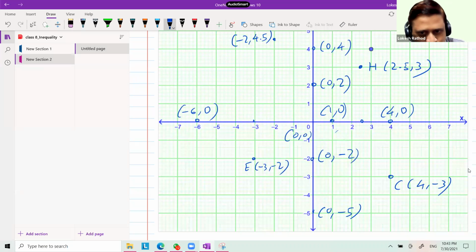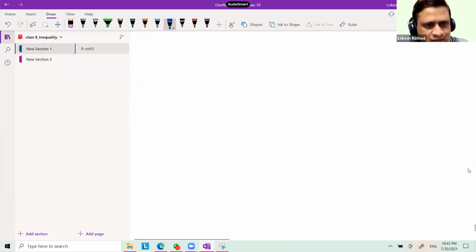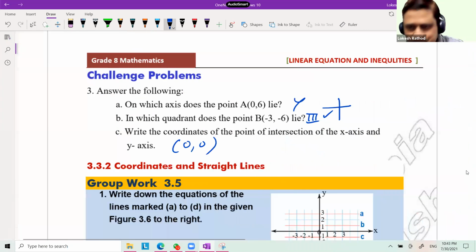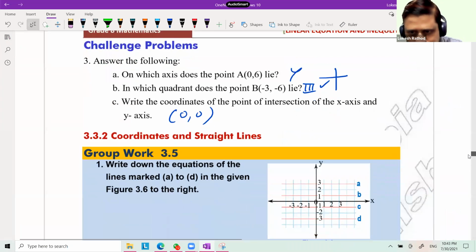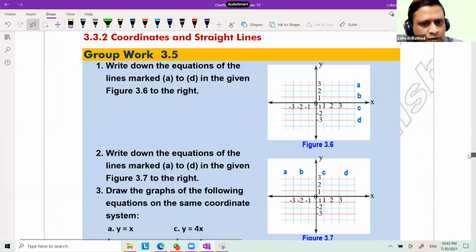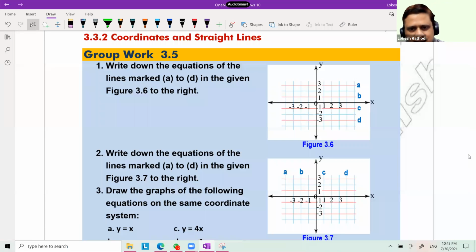Again, this point is on the y-axis, so its x coordinate is also 0. So both the coordinates are 0. Does anyone have any doubt so far in whatever we have discussed?